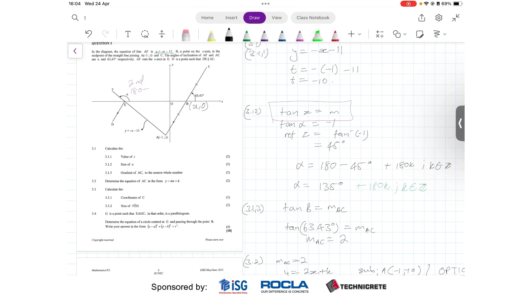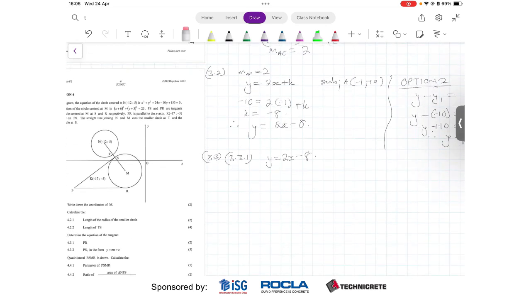After that we are going to use the midpoint formula to find the coordinates of C.